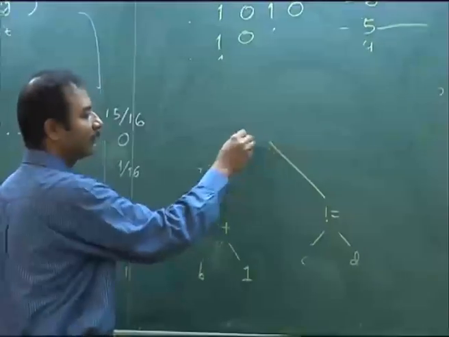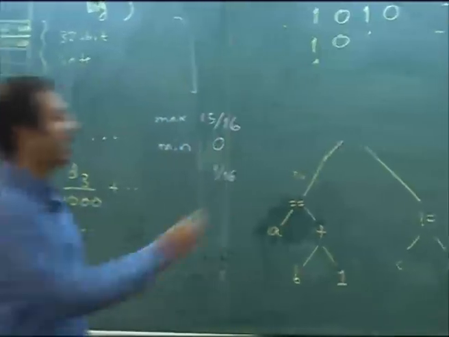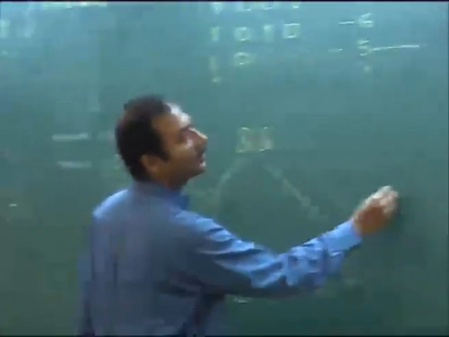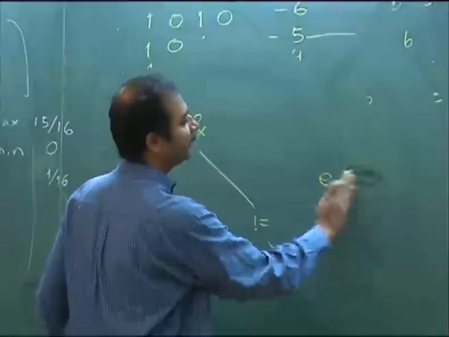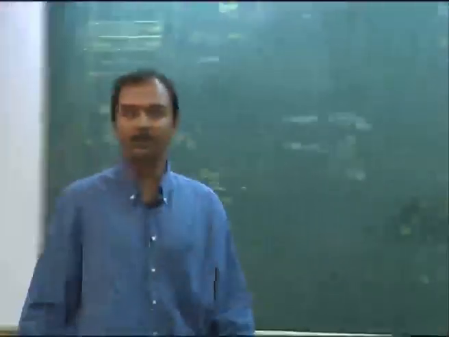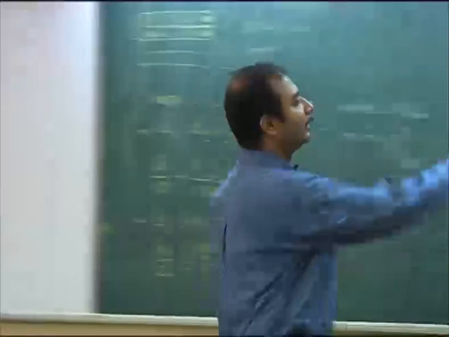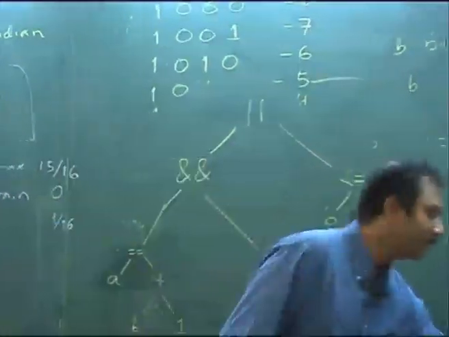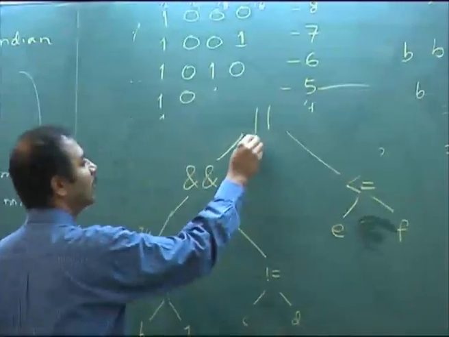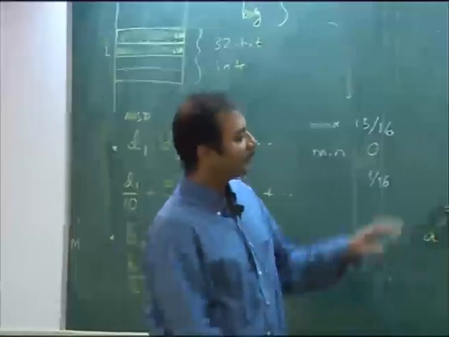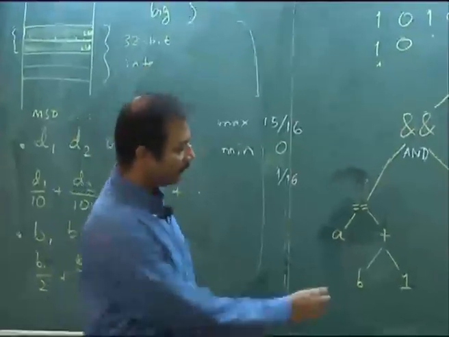Now these two come into the node called AND. Okay, so, and then here is E less than equal to F. That's a Boolean operator. And then I take these two and then I OR them together. Okay? So in human language, this is logical OR. This is AND. So this is a logical operator, right?